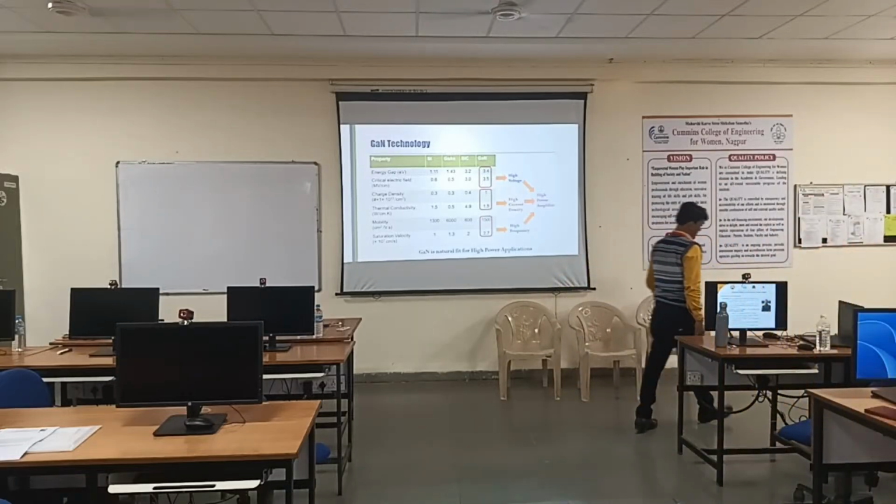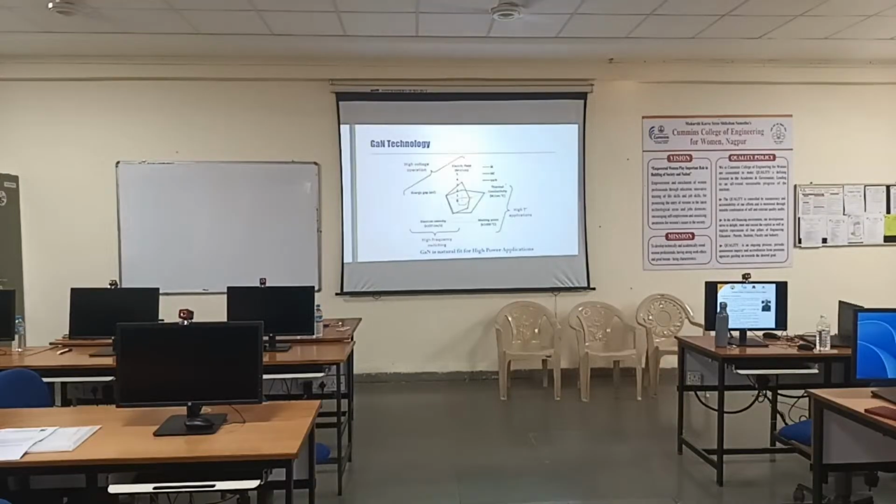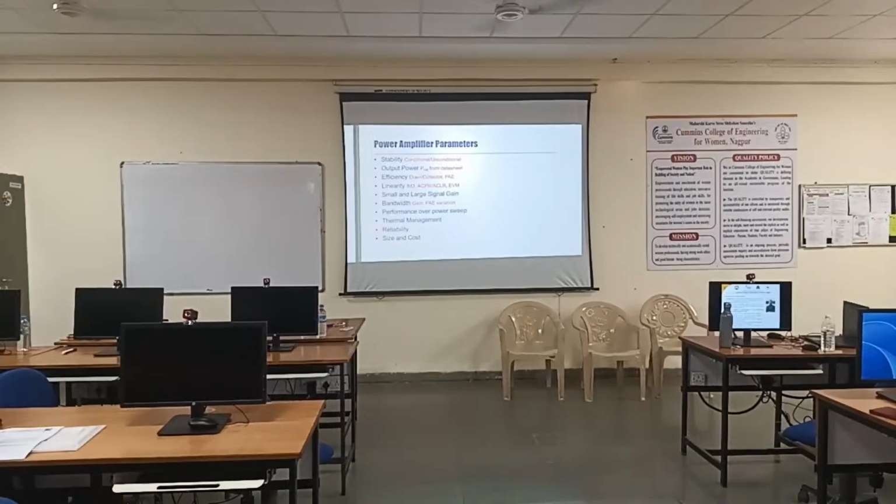For a given substrate, you give me the dielectric constant, dielectric thickness, copper thickness, and tan delta. These four parameters you give me, and the operating frequency, and I will tell you for the required impedance what the length and width should be. Or you can give me the length, width and substrate details, and I will tell you what impedance it will offer. That tool is there. I'll show you definitely. Please remind me once I open ADS. Hope all of you are following and it makes some sense.